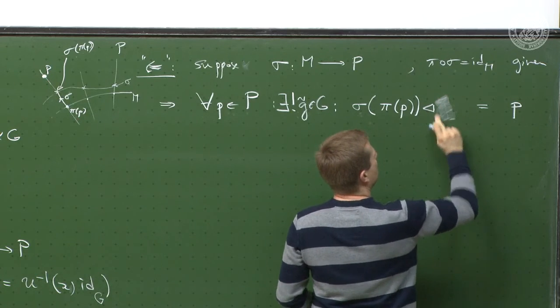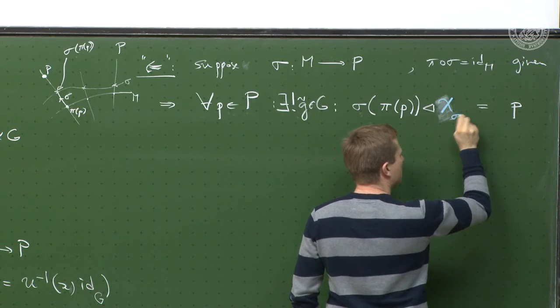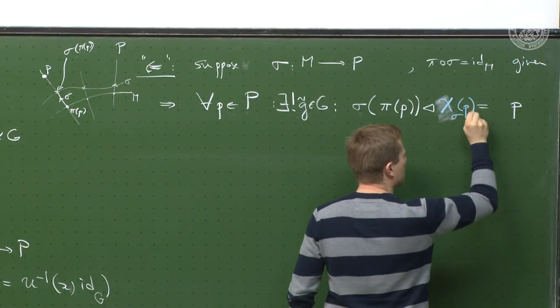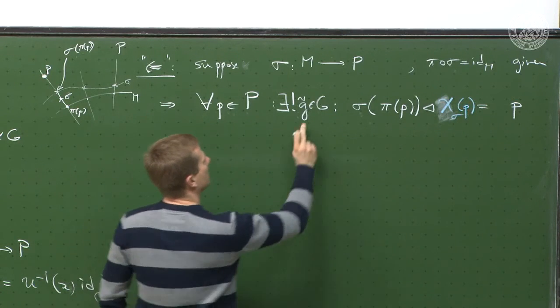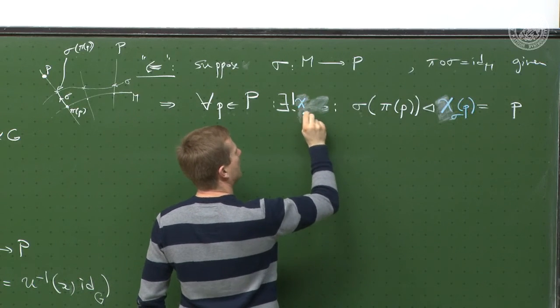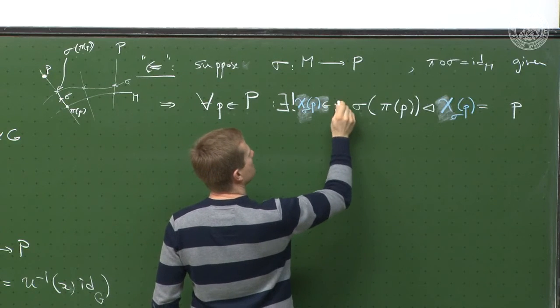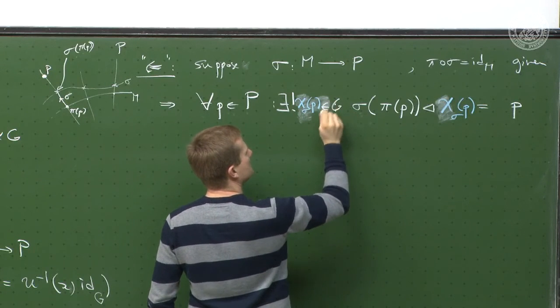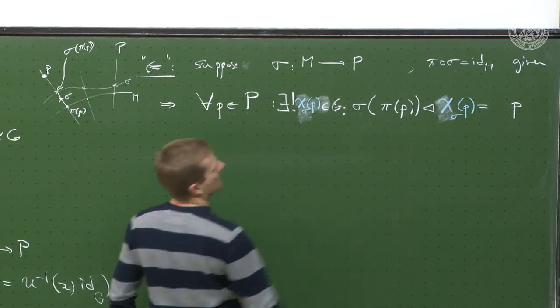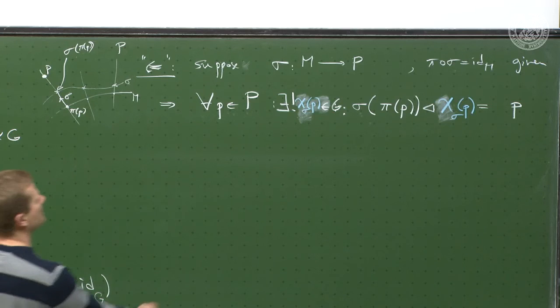So it's maybe useful to call this guy chi dependent on sigma and dependent on p. So there is an element in the group which we call chi because it depends on sigma and depends on p, what element that is, but such an element exists in the group such that this equation holds true. It's because of the free action. And the uniqueness is because of the free action.